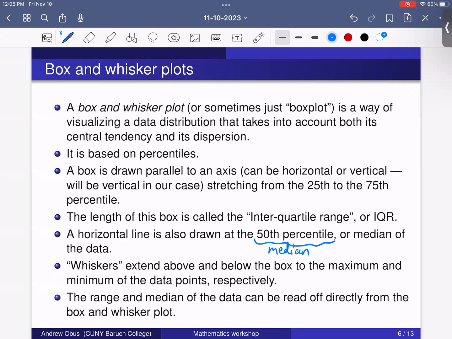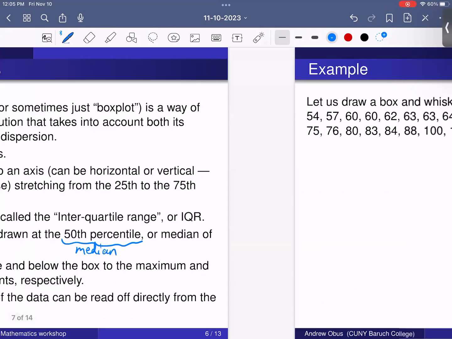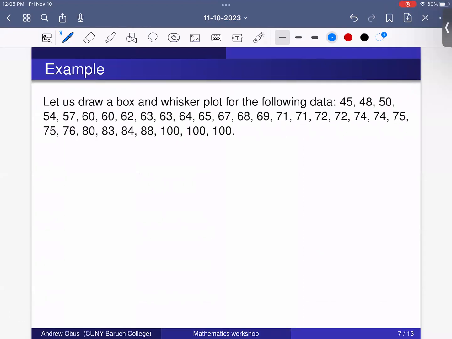Remember, we had this data set last time, and I just want to recall exactly what we had. There are n = 32 measurements here, and we calculated the percentiles last time. The 25th percentile was, I think, 62. We did this all last time.